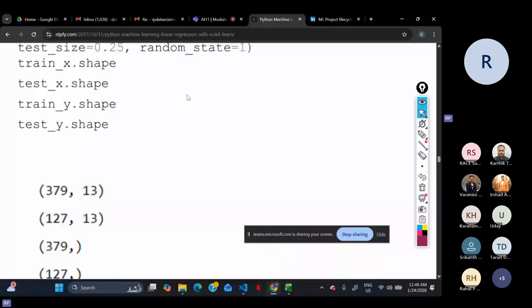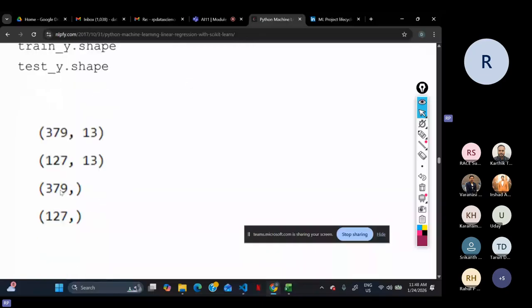And you get the shape, which is 379, 127, 379, 127. This is just for your information. Who can tell me what this array is? This is X train. This is X test. Why is it X? Because you have 13 dimensions over here, right? So 13 features.